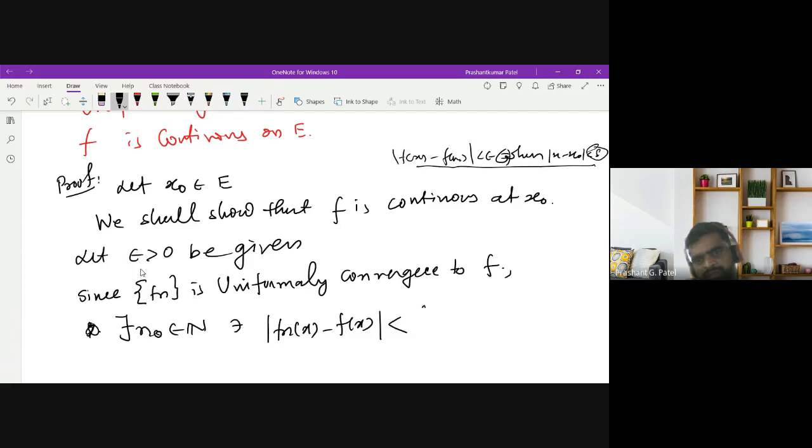I will adjust this epsilon later on. For every n greater than or equal to n0 and for every x belonging to E. I may call this statement 1.